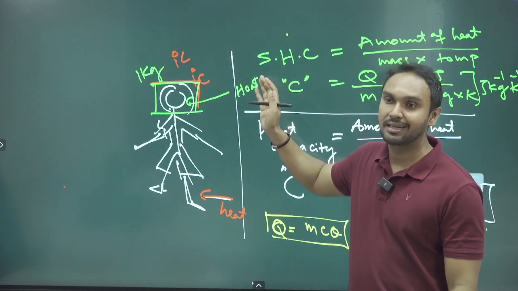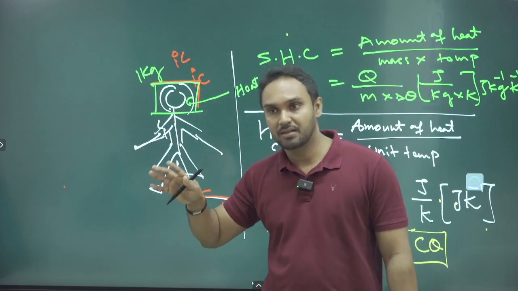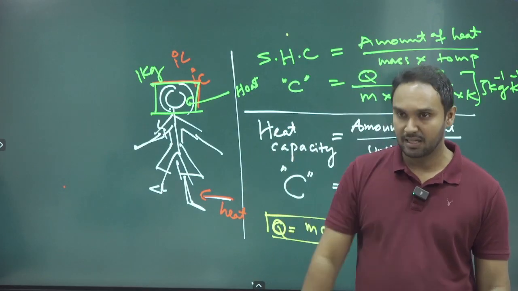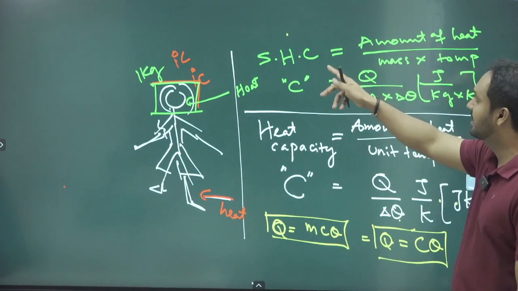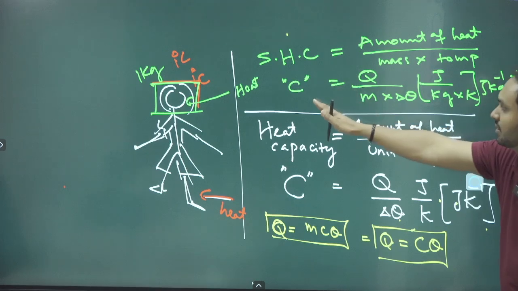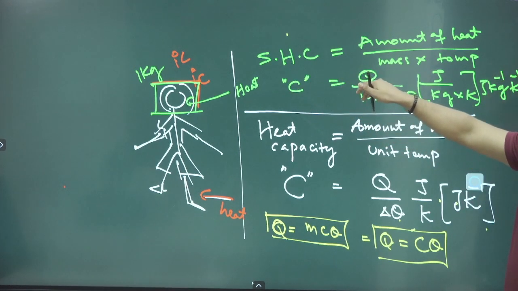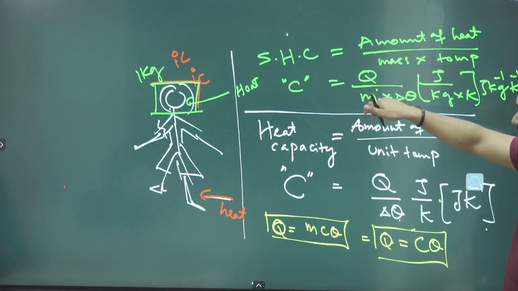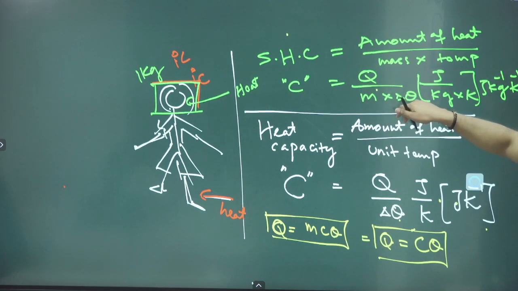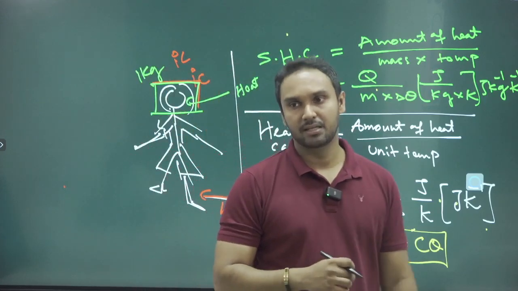The amount of heat it takes to increase the temperature of 1 kilogram of mass of the object by 1 unit is the specific heat capacity. So the specific heat capacity is the amount of heat per unit mass per unit temperature. We symbolize it as simple c equals Q over m delta theta, where Q is the amount of heat, m is the mass, and delta theta is the temperature difference. The unit of specific heat capacity is joules per kilogram per Kelvin, right?